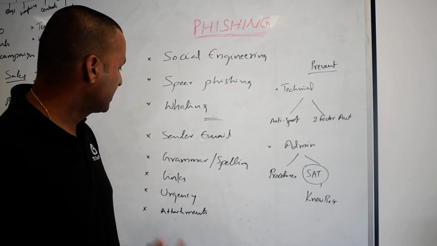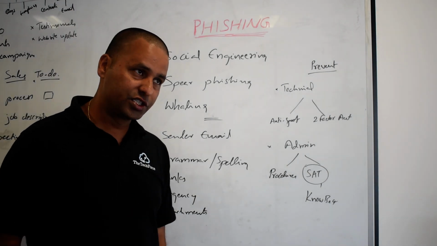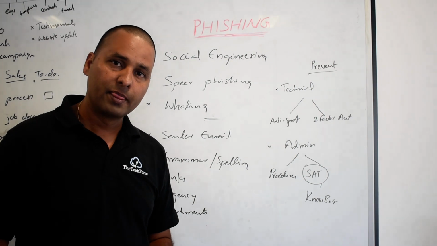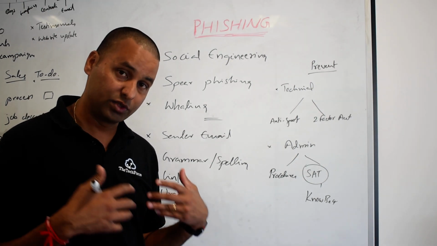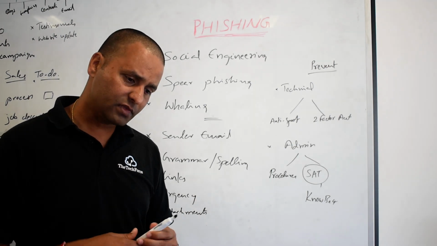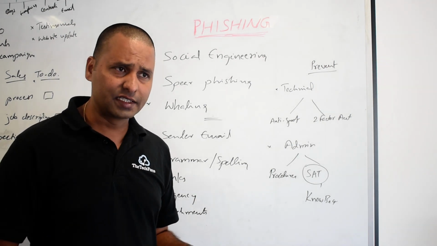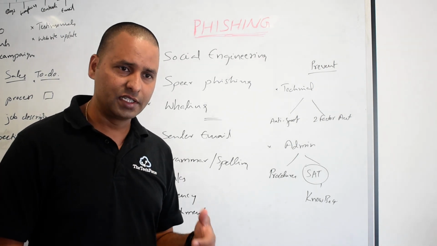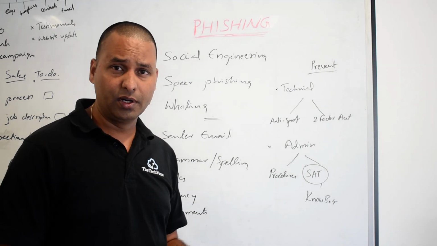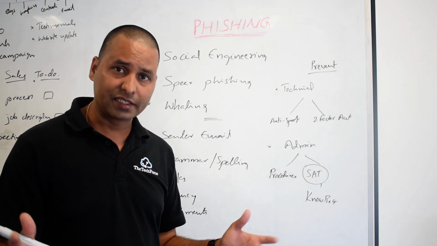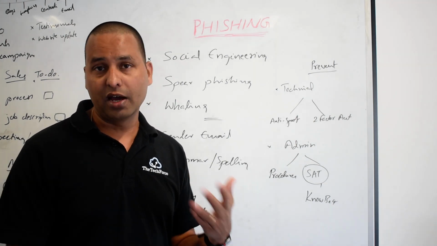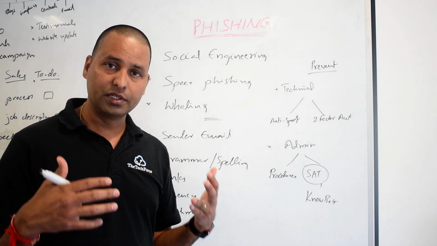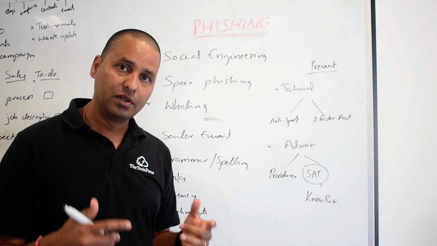The next thing is urgency. Most of these emails are asking for an urgent action from the recipient, which is you. They use scarcity, urgency, intimidation, authority, a number of different tactics to get you to click on the link, open the attachment, or reply with the details. So you have to be careful.